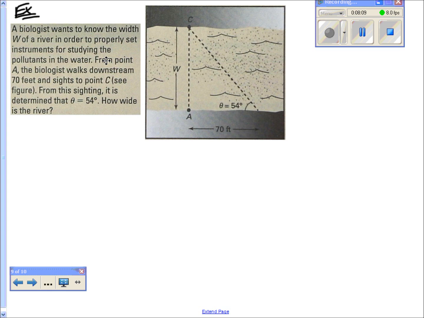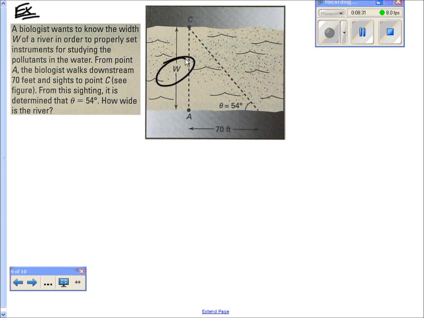From point A, the biologist walks downstream 70 feet, sights to point C. From this setting it is determined that theta equals 54 degrees. How wide is the river? Not too bad. So we just want the W right here, don't we?